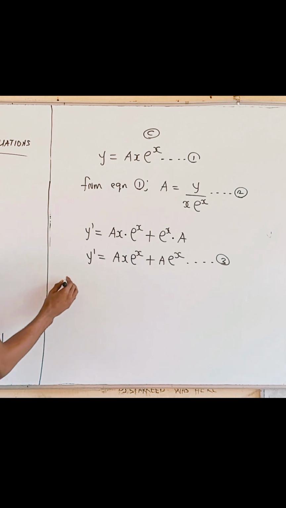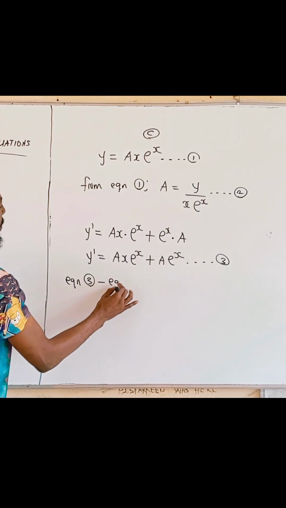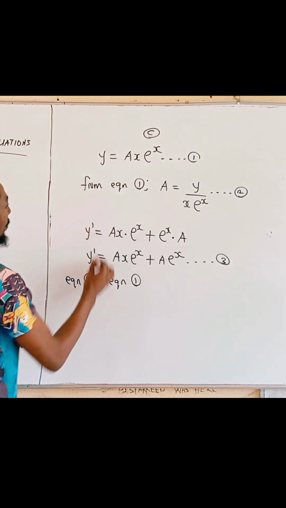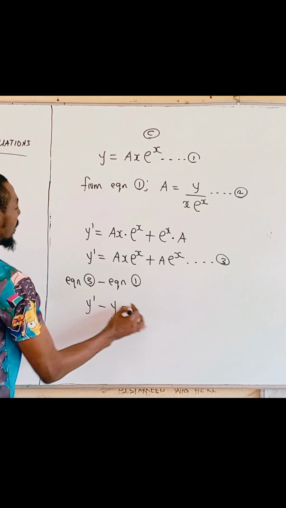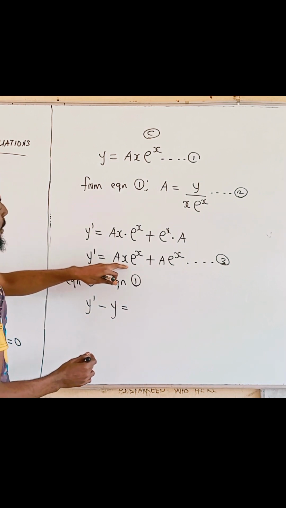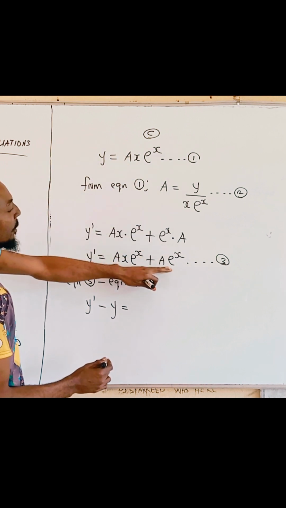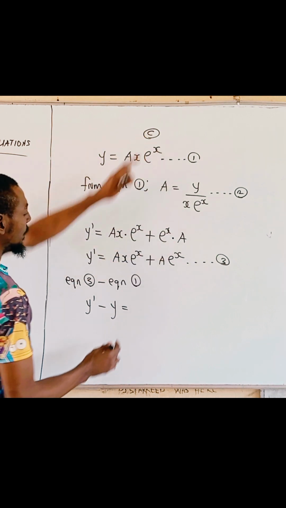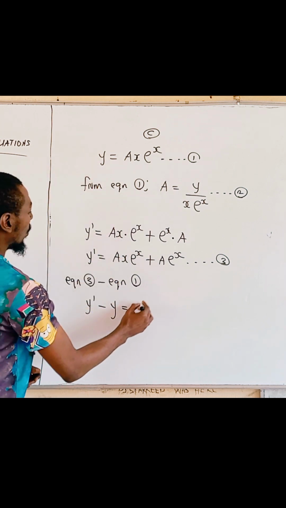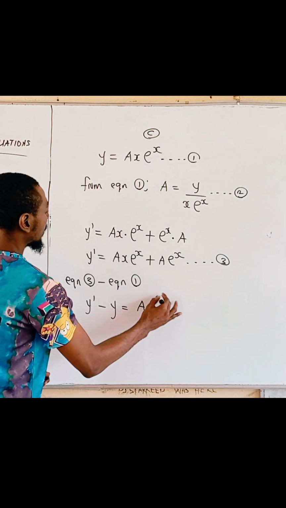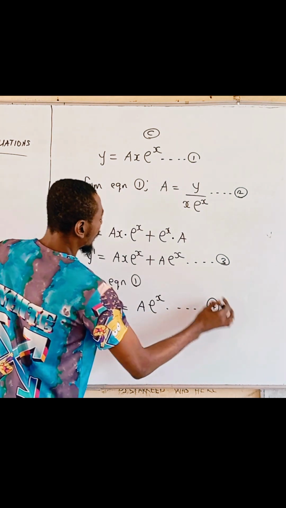Equation 3 minus equation 1 will give us y prime minus y equal to ax exponential x minus ax exponential x, which gives 0, then remaining a exponential x. So y prime minus y is equal to a exponential x. We can call this equation 4.